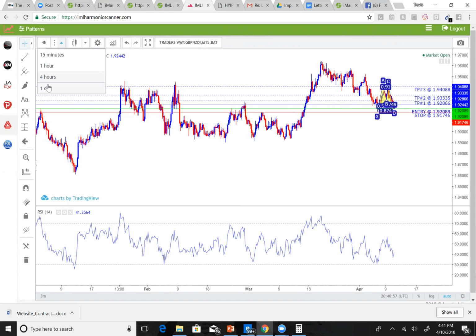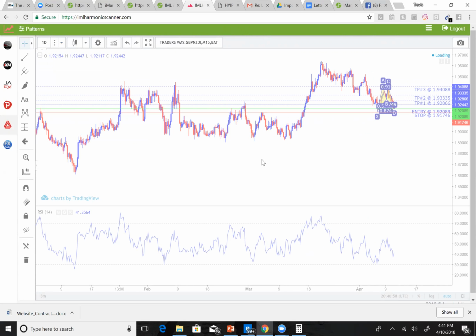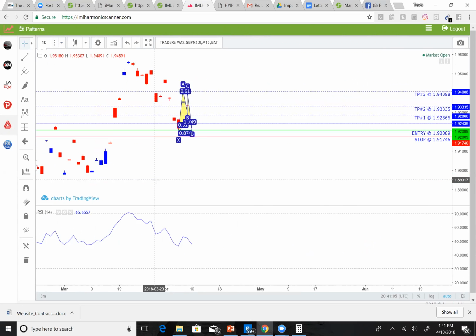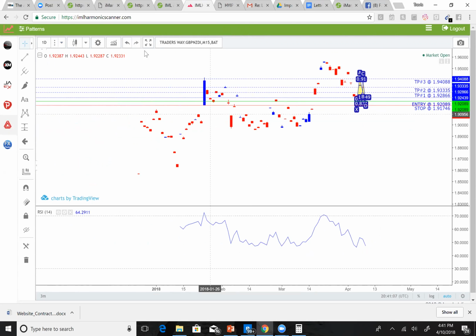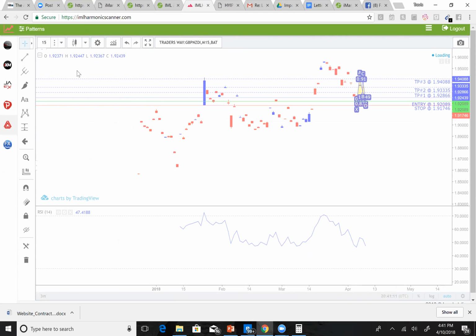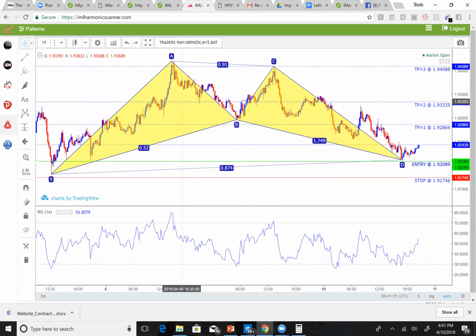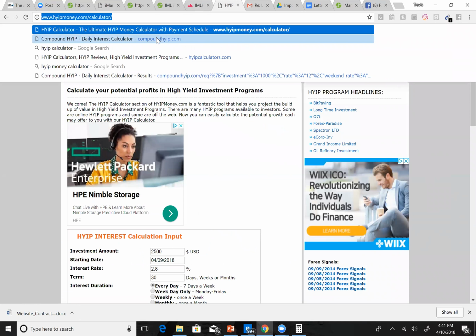I still want to go back to a day. I like starting from days, mainly because, all right, that's not going to work for me. Let me, all right, GBP NZD. I like starting from a day only because you usually get more confirmation of what's going to happen next.